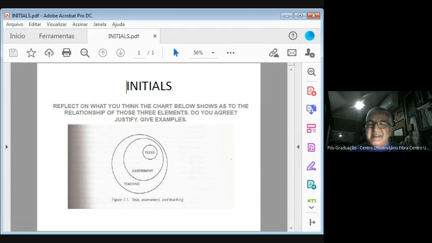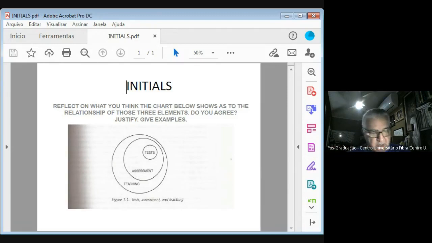Diagnostic and summative are more closely associated with decisions than formative. All of them imply some changes sometimes. So you change your way of teaching, you change the material you're using, right? So all those three phases of evaluation, like diagnostic, formative, and summative, they involve some changes, right?